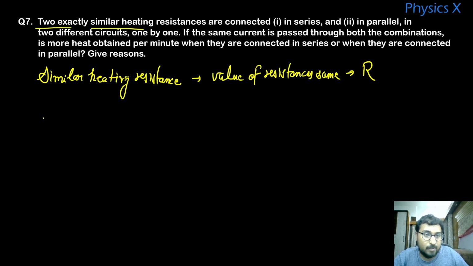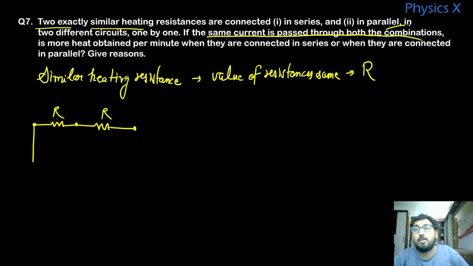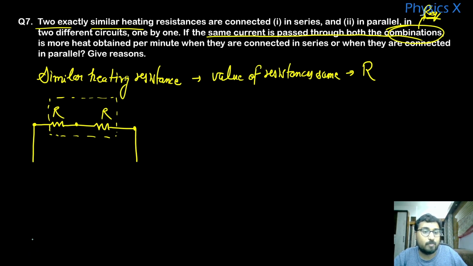He is telling that first time these two exactly similar heating resistances are there. So I am considering that the first one is connected like this. Let us say first we are connecting them in series. So this is having resistance R, this is having resistance R. And he is saying the same current is passed through both the combinations. Combination meaning the equivalent combination. Let us say I current is passing here.